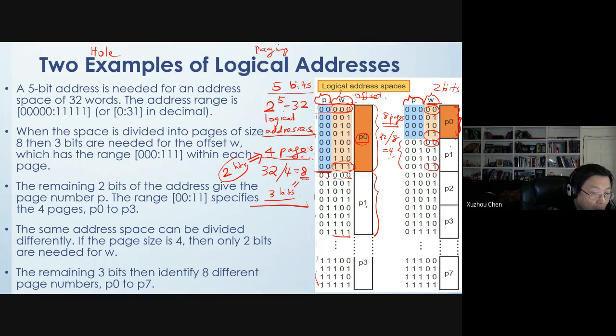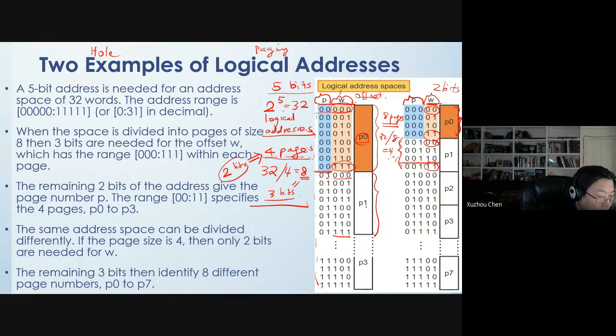Okay. Now the offset, for example 1, 0, measures the distance of this memory address to the beginning of the page, right? So offset 2 means this is the third address in this page, because the first one is 0, the second one is 1, and the third one is 2.